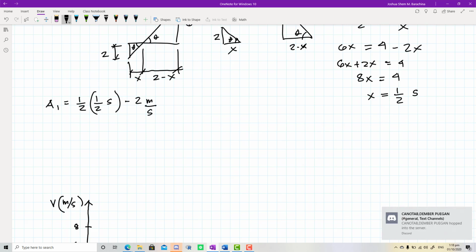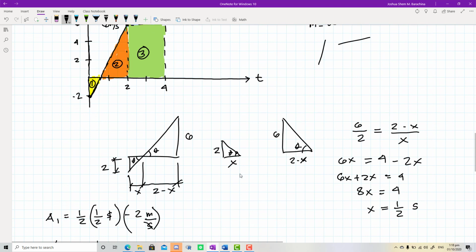Tama ba? So that is area sub 1. And that would be equal to negative 1/2 meters because the second will cancel. Tama ba? Can you follow, guys?